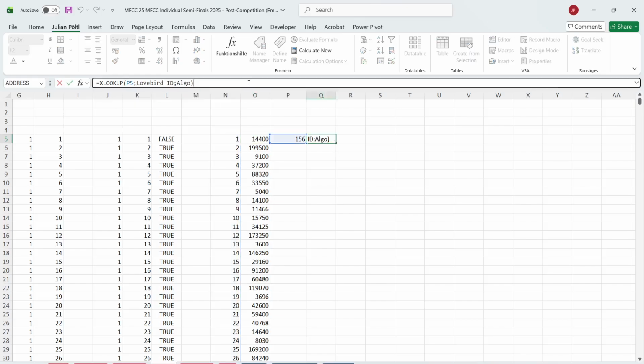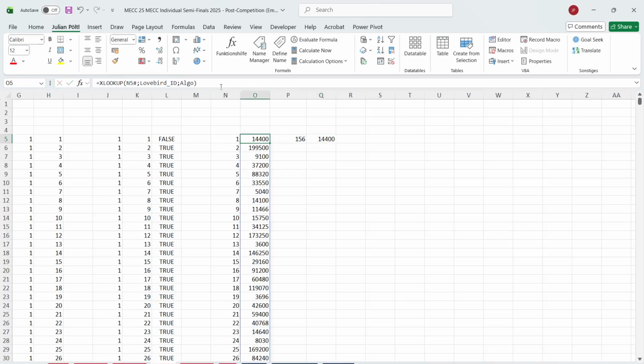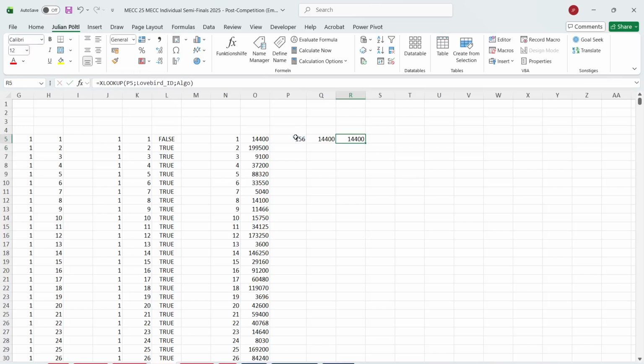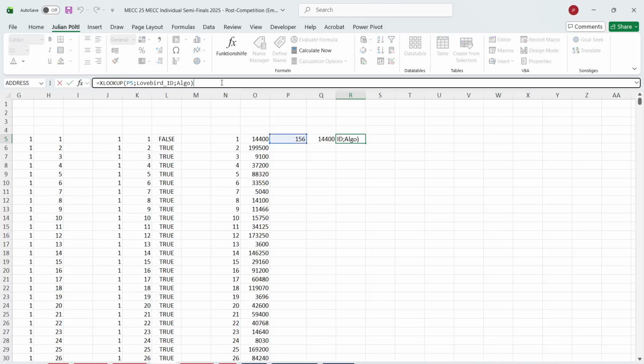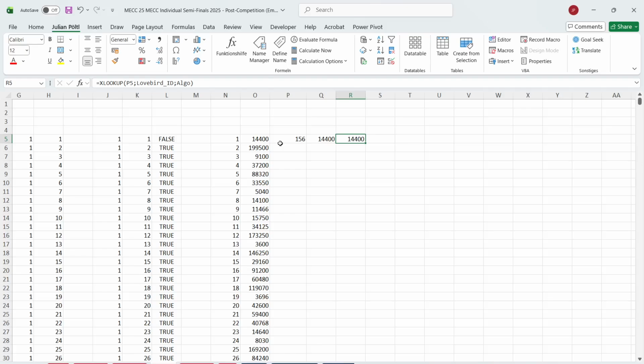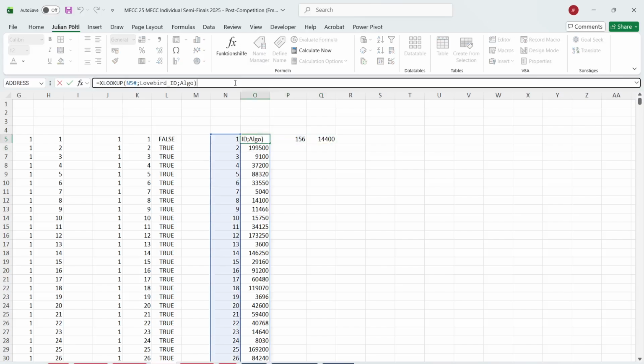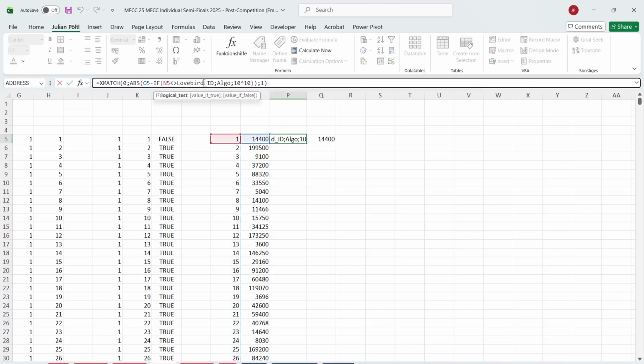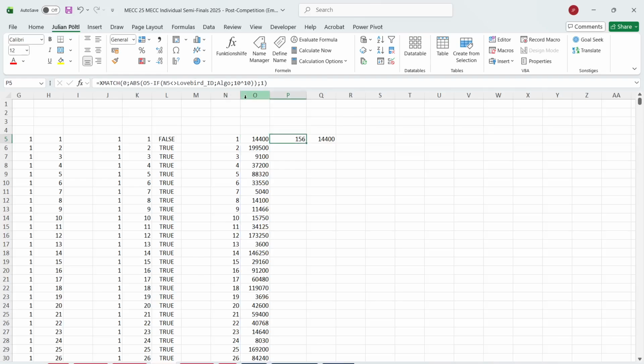Oh, it's a perfect match, right? No, can't be. You never know. Let's look up this. And I know. The algorithmic score. Yes.